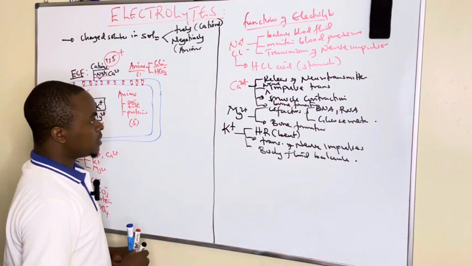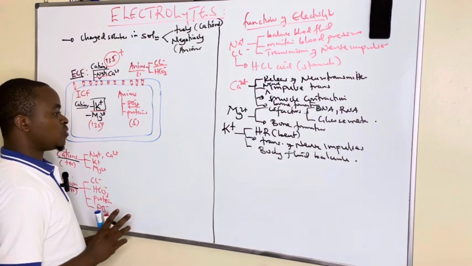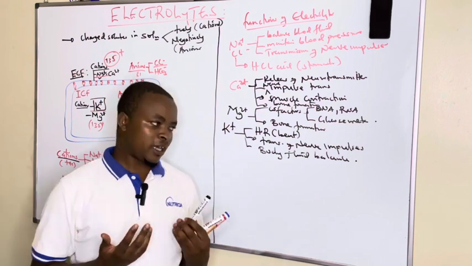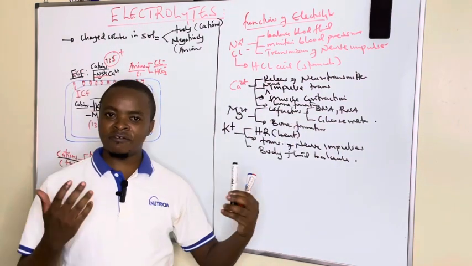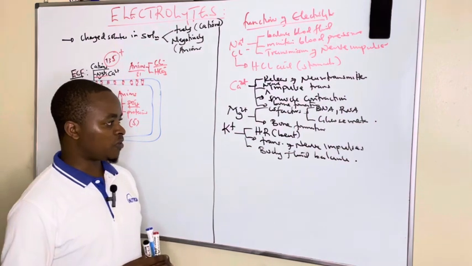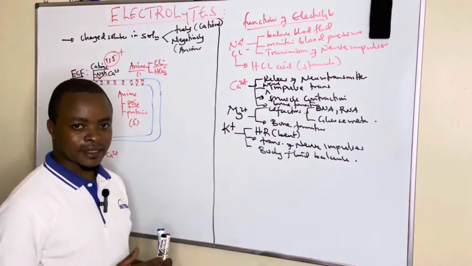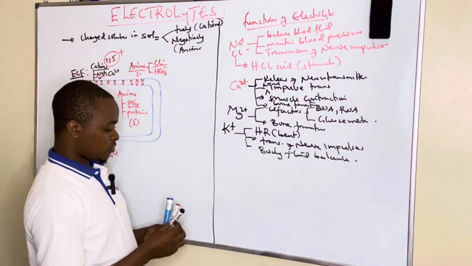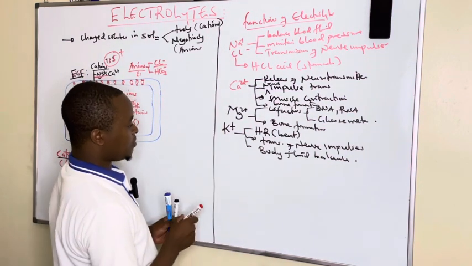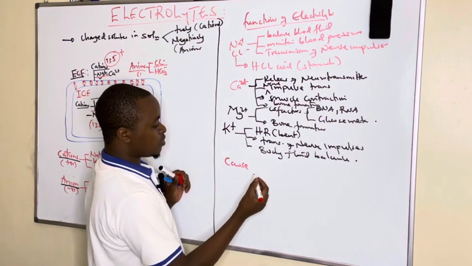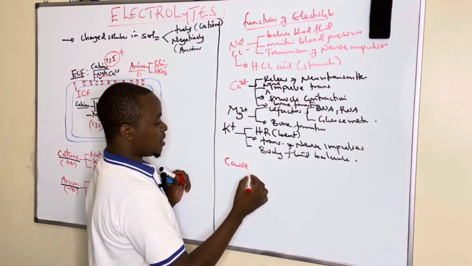So these are the major functions we can talk about, and also at the end, we shall look at the different applications. Whenever we determine electrolytes in the lab and we find them low, for example, we want to look at the causes of hyponatremia, where in the body there are low sodium levels.